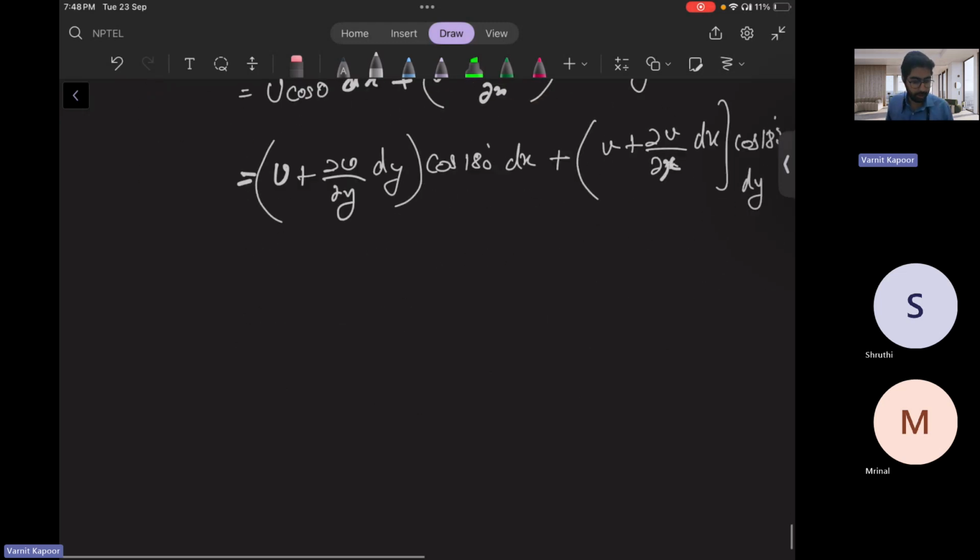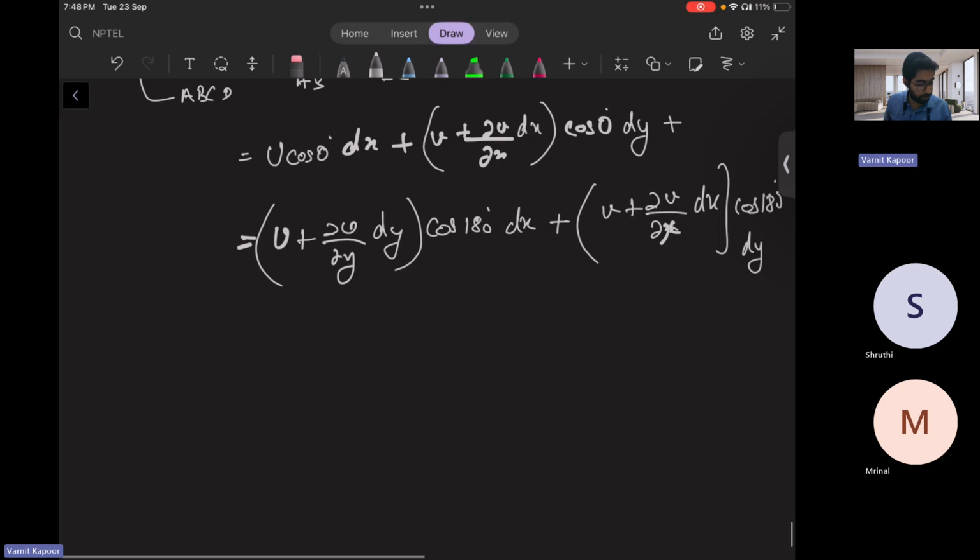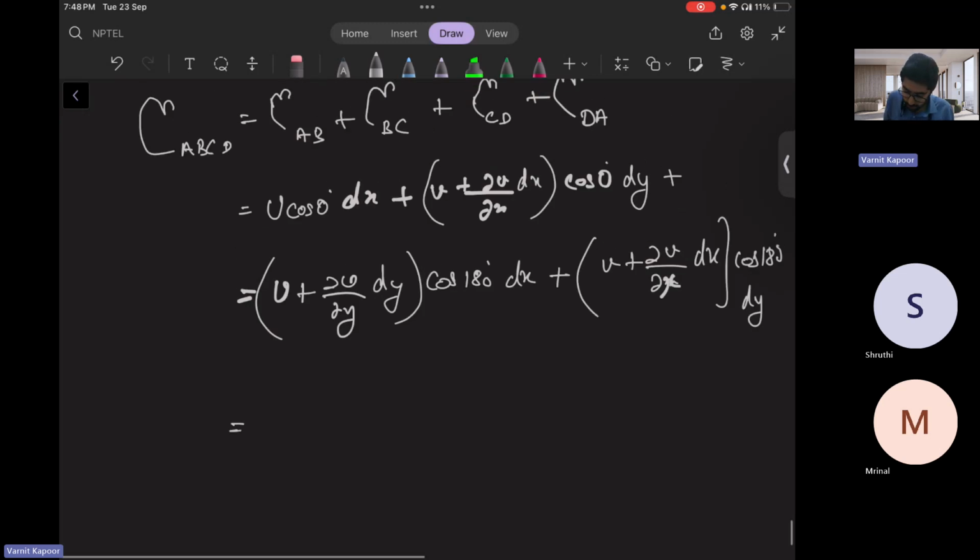This is your net circulation. Cos 0 is 1, so it will be u dx plus v dy plus dou v by dou x dx dy.